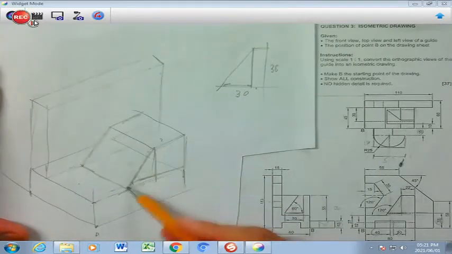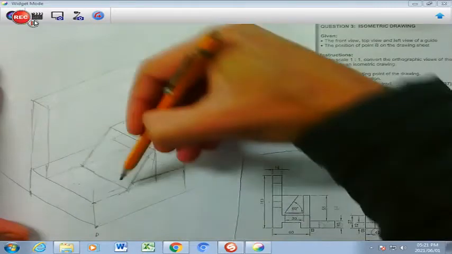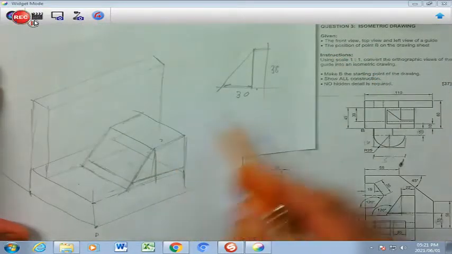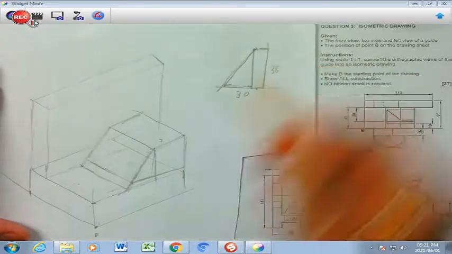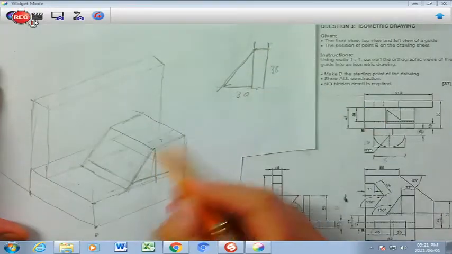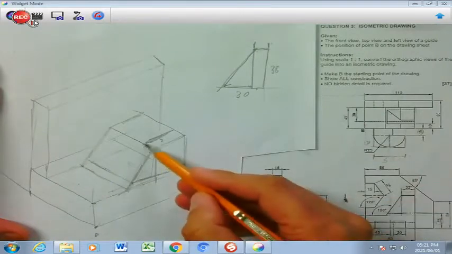This now going to come down, which is parallel to that line. Here you're going to take this across as well, and then you're going to apply this part here into this space over here, which basically means that that distance there we will determine from here, which is a thickness of 10.